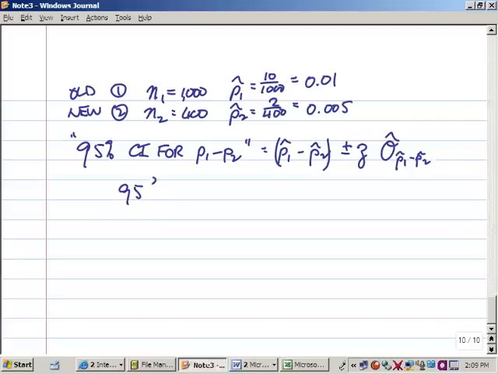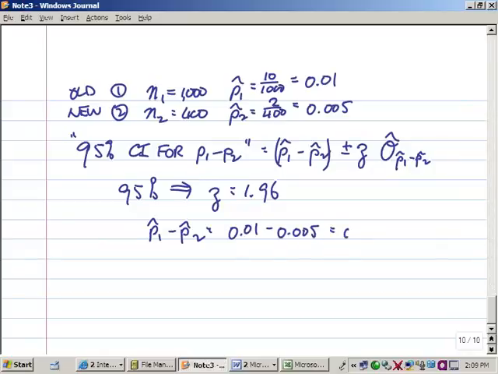So for 95%, the z, as we've seen before, is 1.96. Sample difference or decrease, 1% minus 0.5%. It's 0.5%.